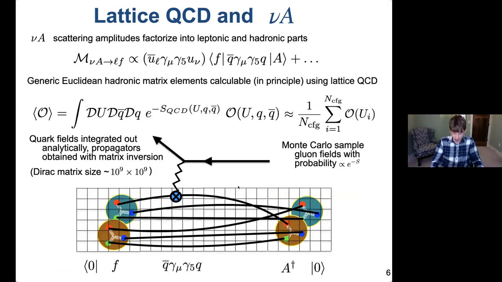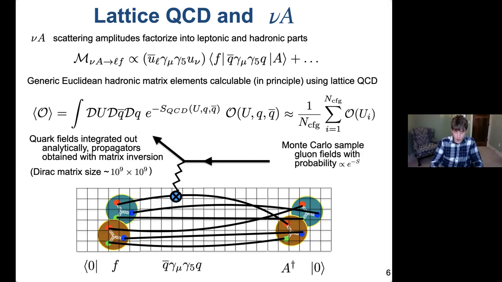So, one slide on lattice QCD technology: we're not putting a neutrino or even a W boson on the lattice here. We're starting by factorizing the matrix elements into leptonic and hadronic parts. And all we're trying to calculate are the matrix elements of hadronic currents, so the vector and axial currents that you need for electroweak processes.